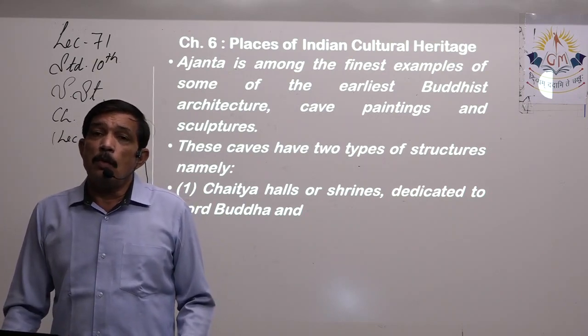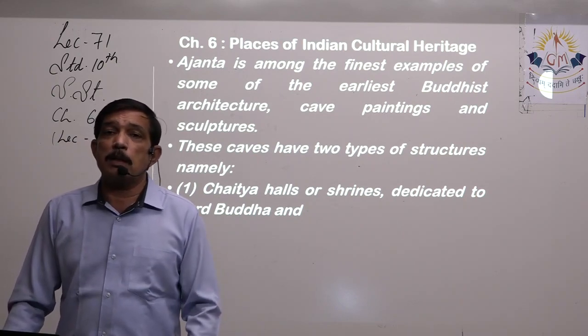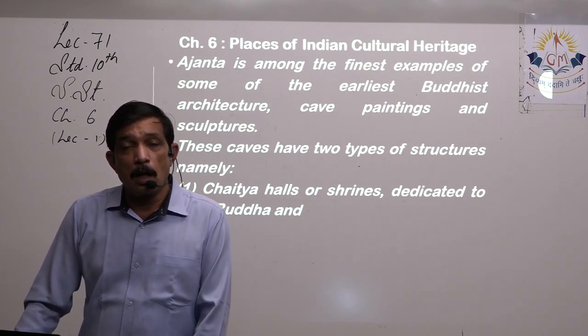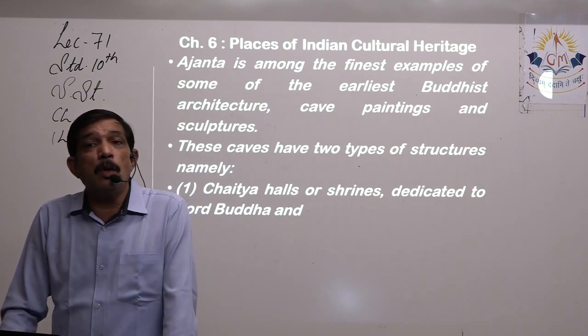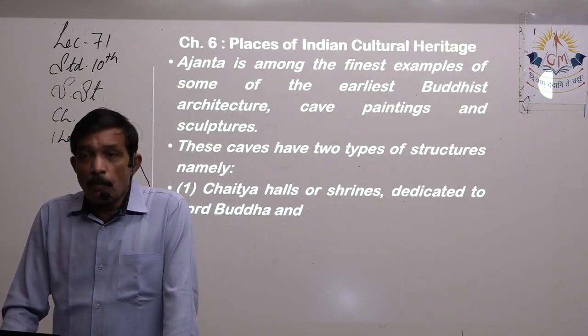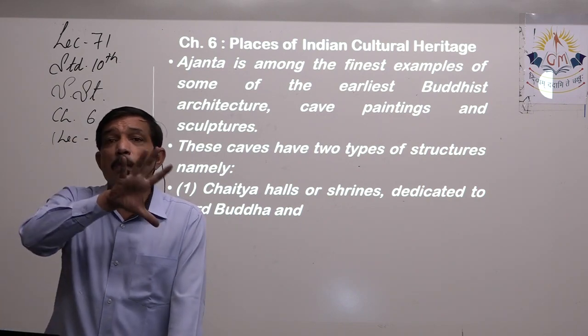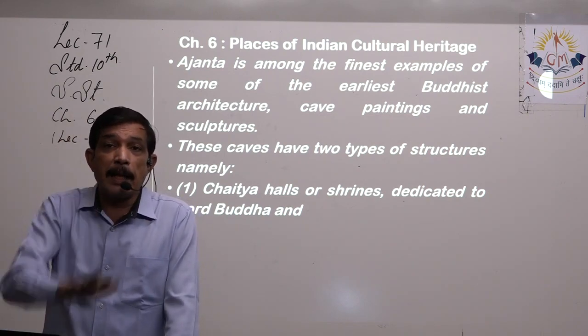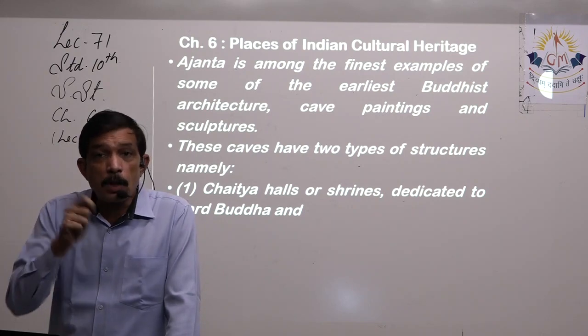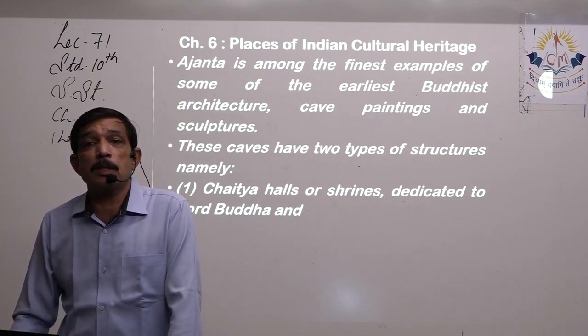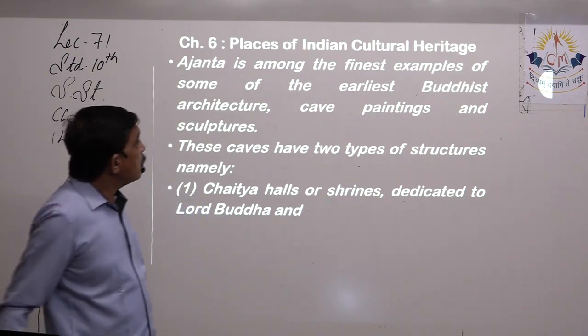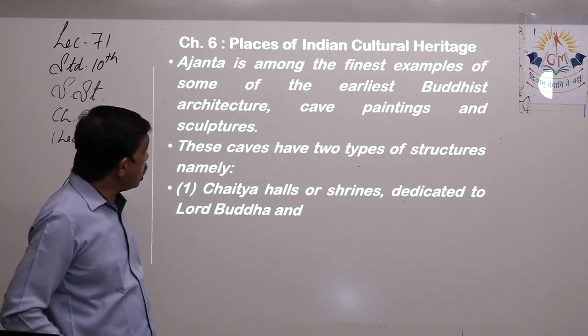So that gave rise to the Buddhist architecture, that gave rise to Buddhist sculpture, because the preaching and teachings were shown on stone, engraved, carved out. So this gave rise to the ancient mystic Buddhist architecture.